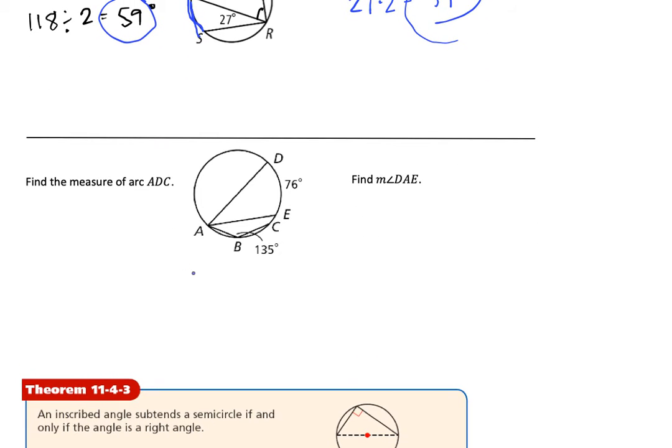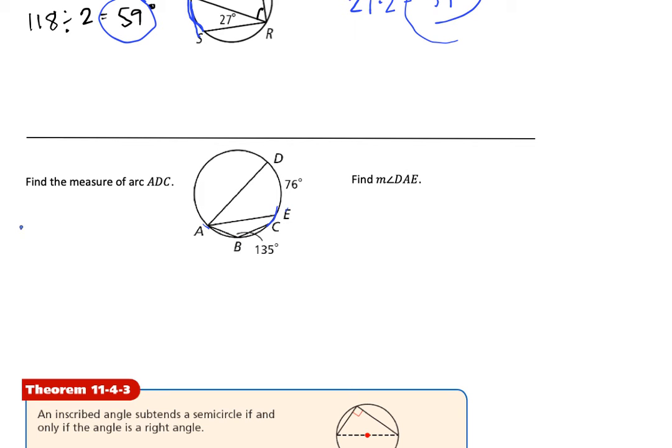Find the measure of arc ADC. You know where ADC is. This angle right here is the inscribed angle, and that's 135.